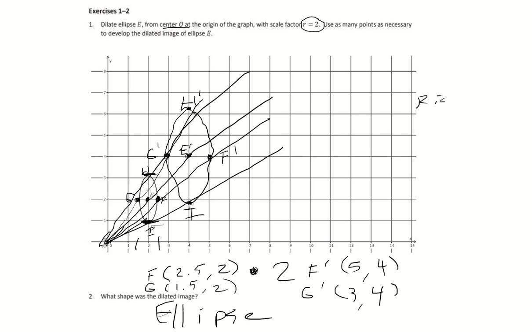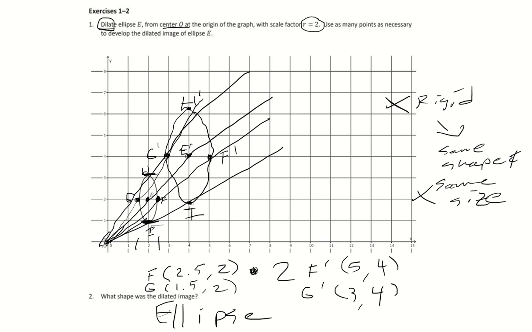Remember, a rigid transformation needs two things: same shape and same size. Now, a dilation itself will never have the same size. So that's why this is not a rigid transformation, but it does have the same shape. So we already know what the shape is going to be if it's a dilation, because the shape doesn't change, right?